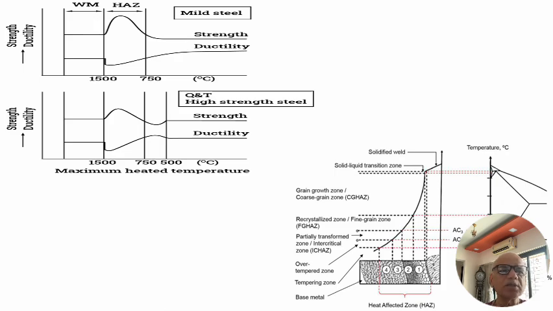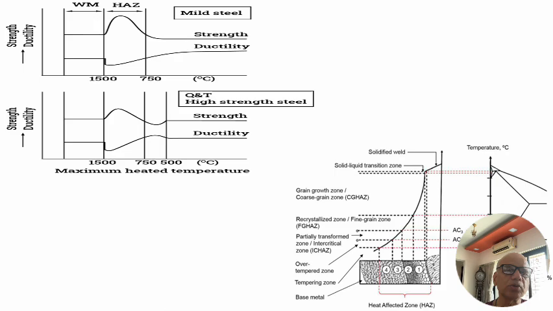As you see here, the strength and the ductility change drastically in the heat affected zone because of the various heat treatments it undergoes, from the melting point to room temperature. Each of these zones gives different grain size and different grain orientation, and this makes the properties vary even though the chemical composition is not going to change.